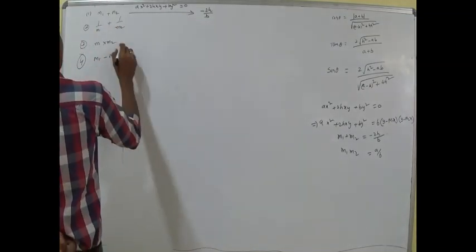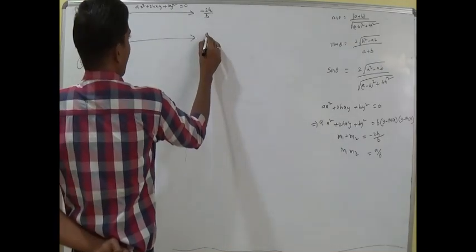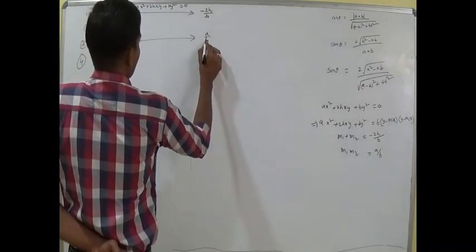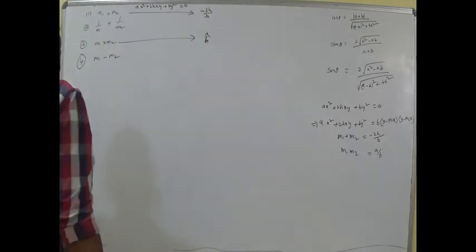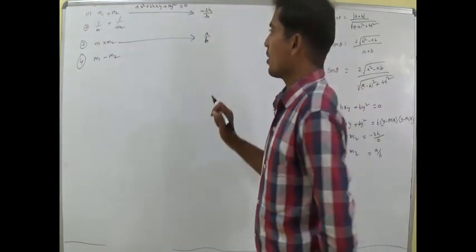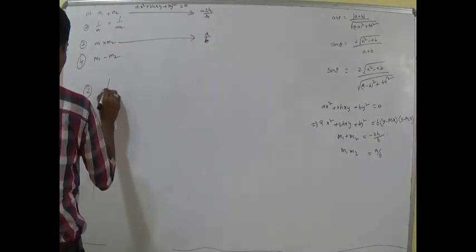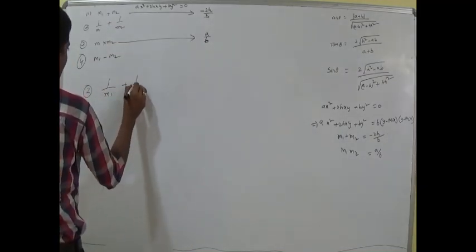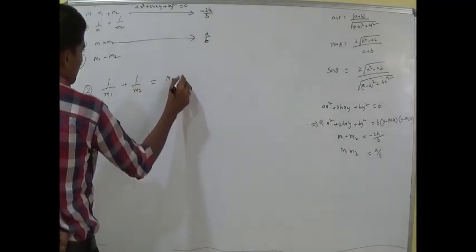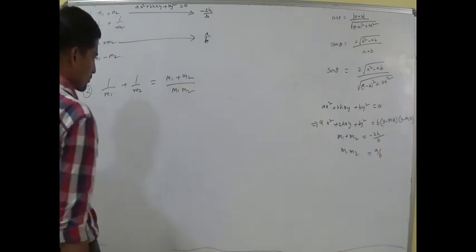Next, m1 m2 is also direct: m1 m2 equals a by b, and we have to find 1 by m1 plus 1 by m2. 1 by m1 plus 1 by m2 equals (m1 plus m2) by m1 m2.